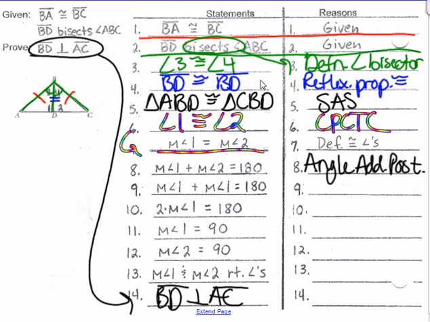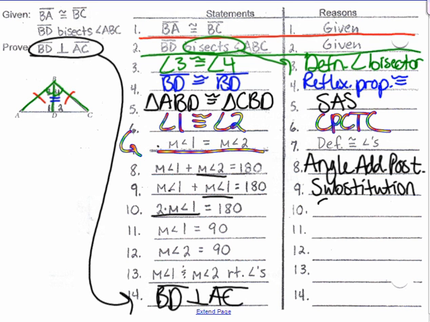Okay. And then if I look at step 9, I see that what changed from 8 to 9 is instead of 2, they wrote 1. Well, that's because angle 1 and 2 are the same, so they replaced it, they substituted. So this is substitution. Now there's 2 measure of angle 1, so they added them together.